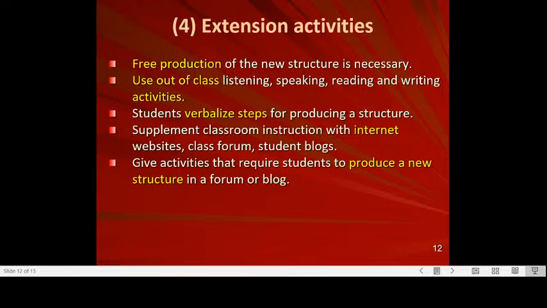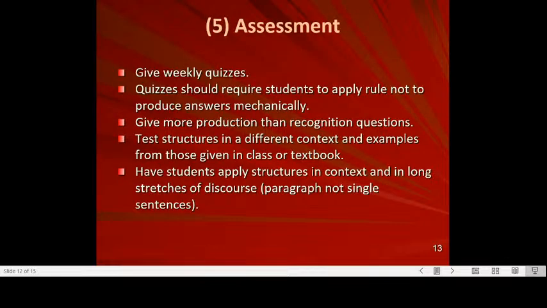The students verbalize steps for producing a structure. Supplement classroom instruction with internet websites or mobile apps, class forum, and student blogs. Give activities that require the students to produce a new structure in a forum or blog.